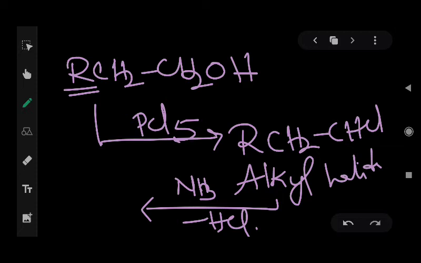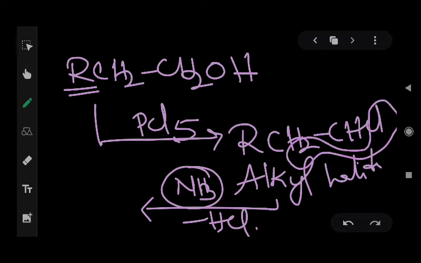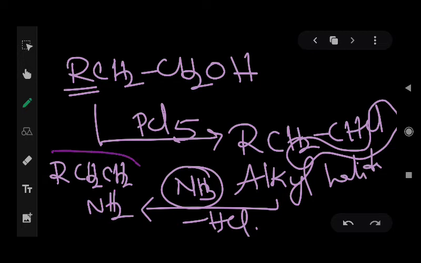Further, by using the alkyl halide, if I remove HCl in presence of NH3, what will happen? We'll get alkyl amines, meaning we are adding an amine group and removing HCl, that is dehydrohalogenation. We'll get a compound with NH2, that is said to be an alkyl amine. Initially this is alcohol.